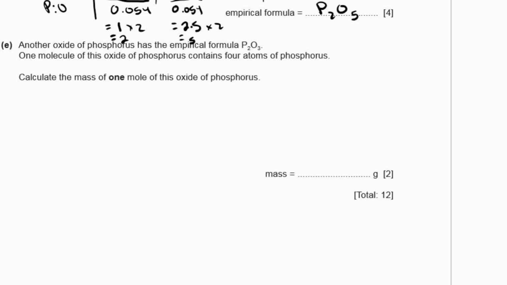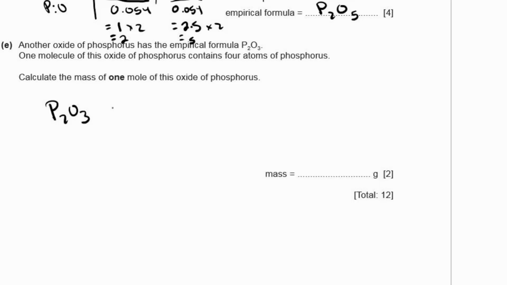E, another oxide of phosphorus, has the empirical formula P2O3. One molecule of this oxide of phosphorus contains 4 atoms of phosphorus. Calculate the mass of 1 mole of this oxide of phosphorus. Okay, so we have P2O3.